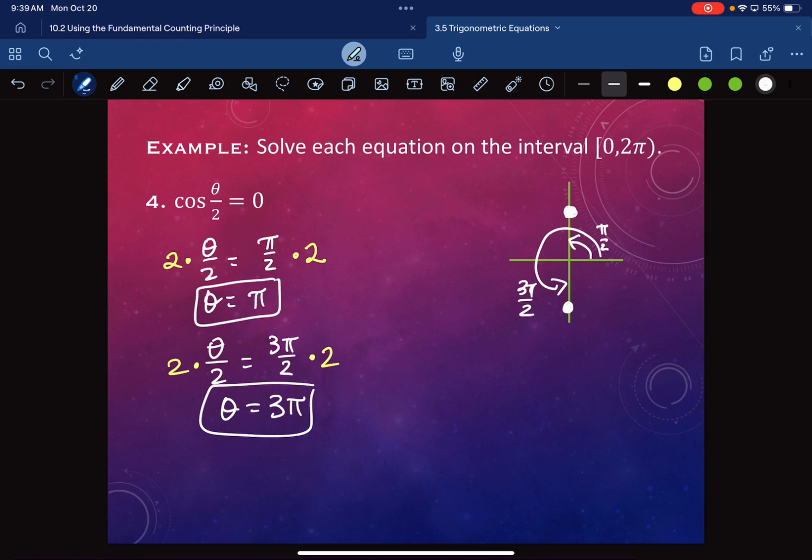Cecilia? Since it's like division instead of multiplying, would we have like less than usual? Yes, we could. This is theta divided by 2. The last one was 3 times. I had 3 times as many solutions. So if I have theta divided by 2, how many solutions do you think I'm going to have? Half as many. Why is 3 pi not a solution in this problem?